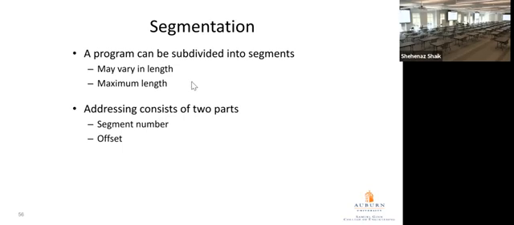Considering that the entire process is not being loaded in contiguous memory locations, the addressing with this segmentation approach is slightly different.